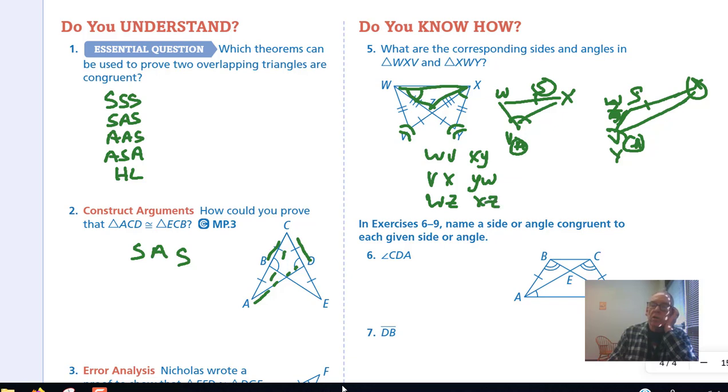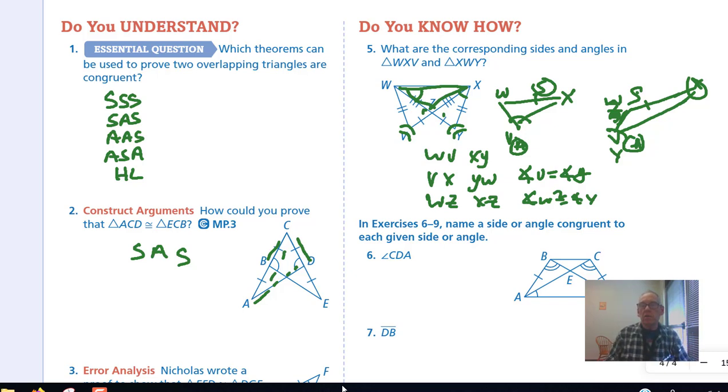In terms of angles, angle V goes with angle Y. Angle W goes with angle X. And then this one in the middle here that we don't have really named yet, but basically that's another set of congruent marks.